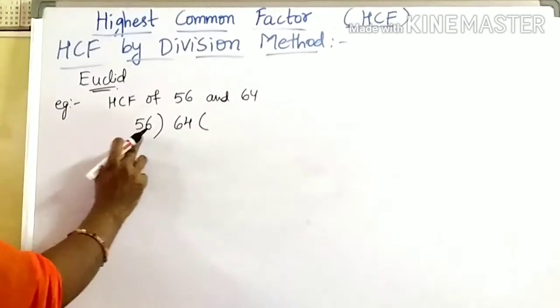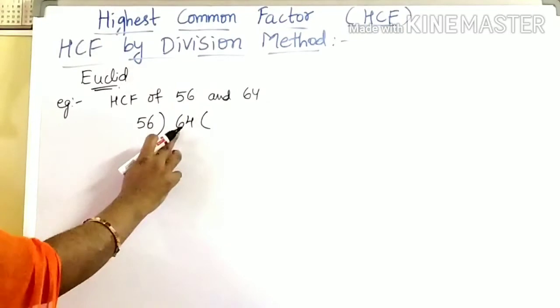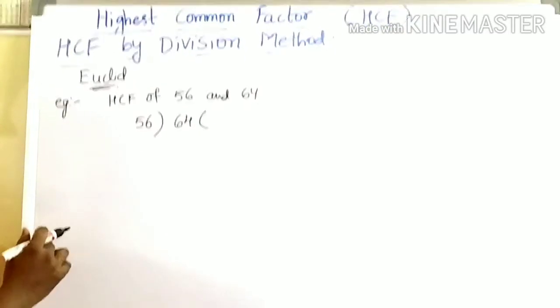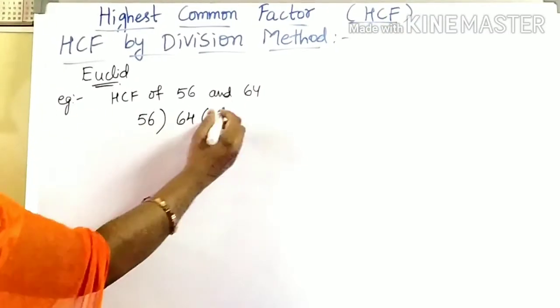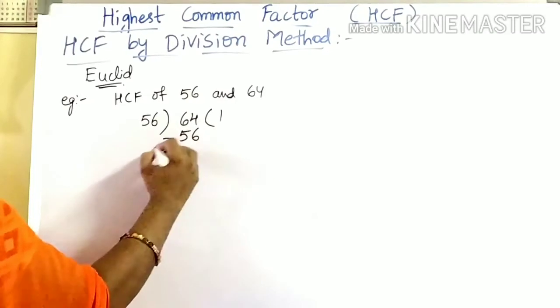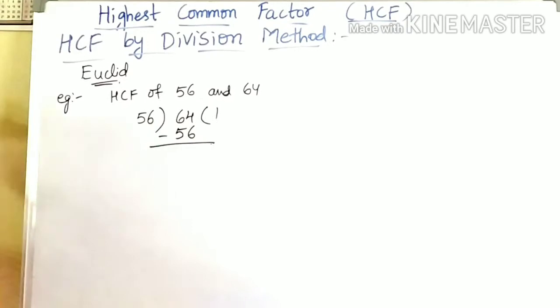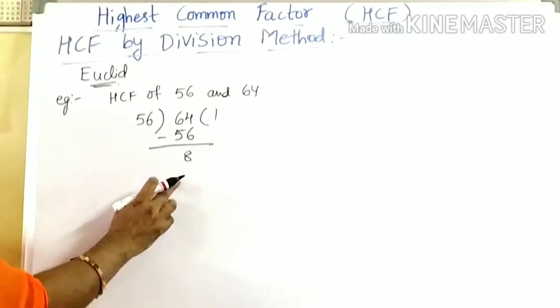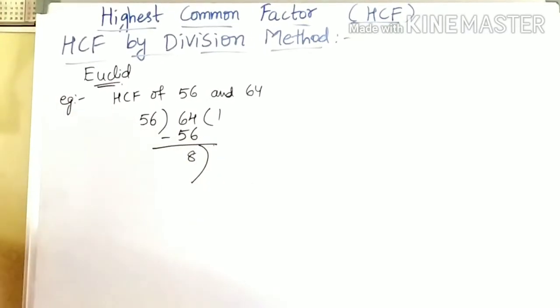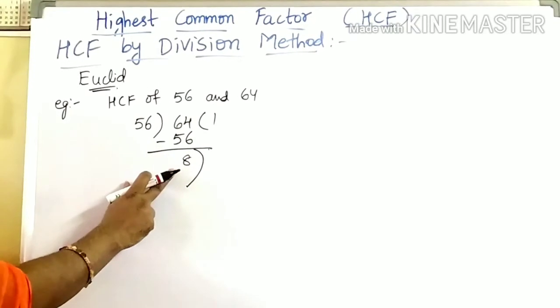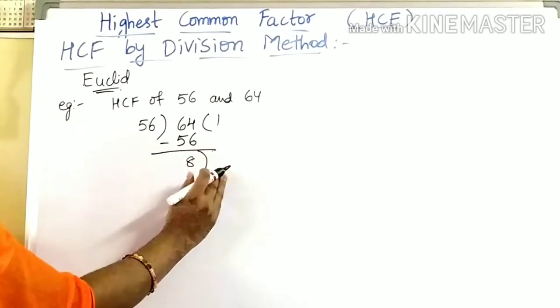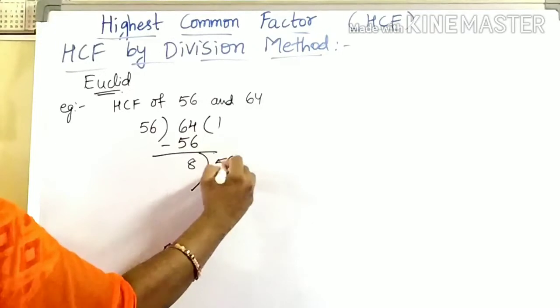Now, you divide the larger number by the smaller number until the remainder is 0. First you divide: 56 ones are 56. When you subtract this, how much are you going to get? 8. Now in this method 8 will become the divisor again, and the dividend is 56.